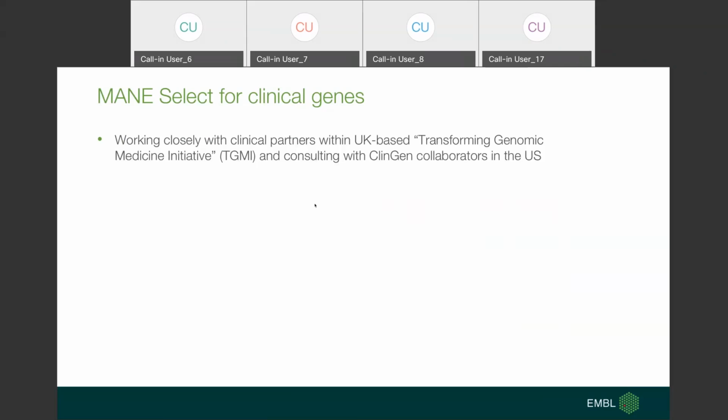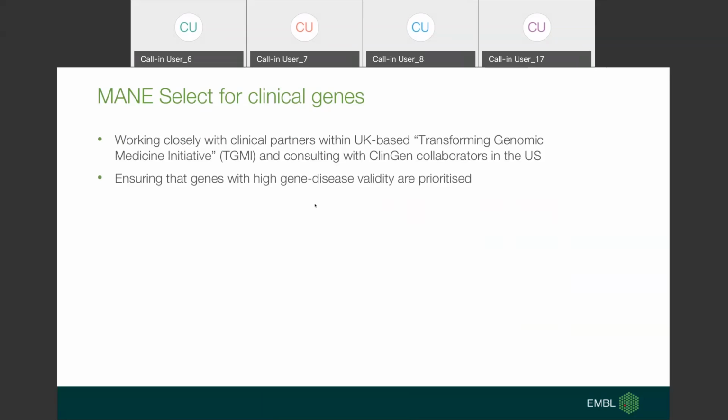It's the TGMI, and that's a UK-based consortium. But we're also consulting with collaborators in ClinGen, with Heidi Rehm, and with other collaborators in the US. And the goal here, obviously, is to get good input and feedback about what we're producing and whether or not it's going to meet the needs of the clinical community.